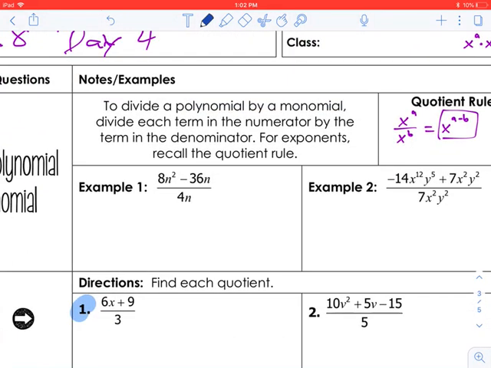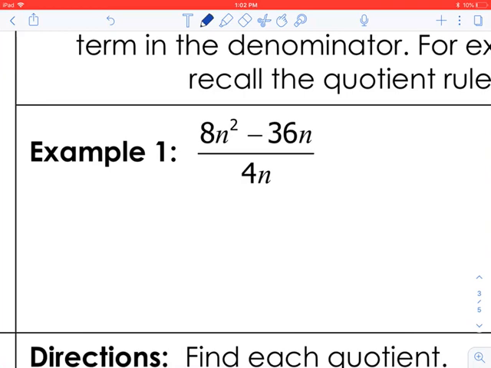Okay, so for example 1, this is really everything divided by the same thing. So what I'm really doing here is I'm going 8n squared divided by 4n minus 36n divided by 4n. Okay, you can split it up.